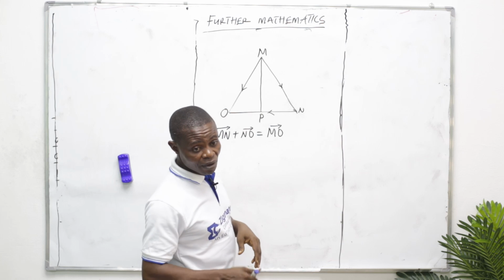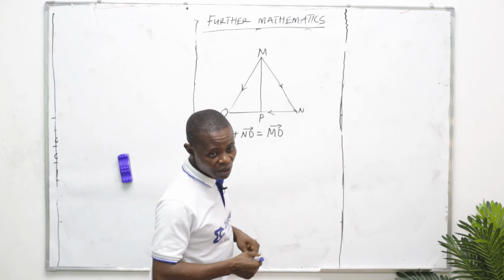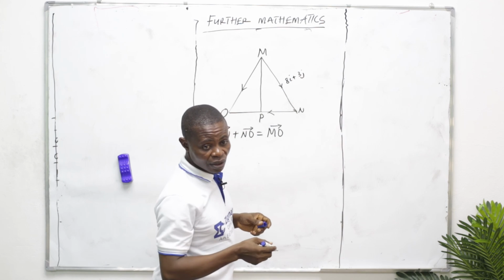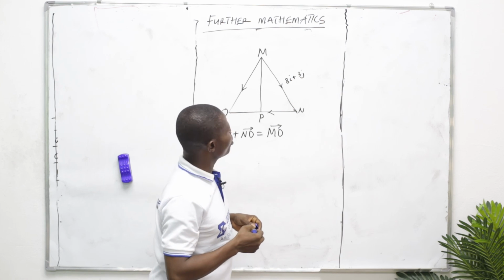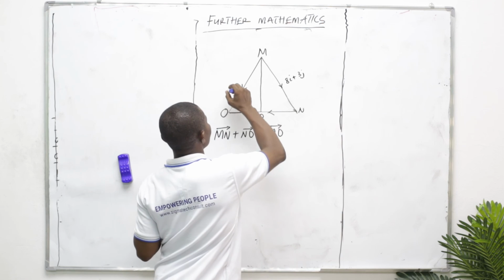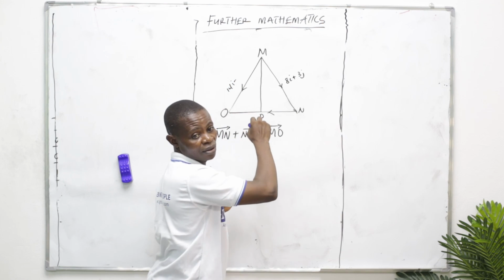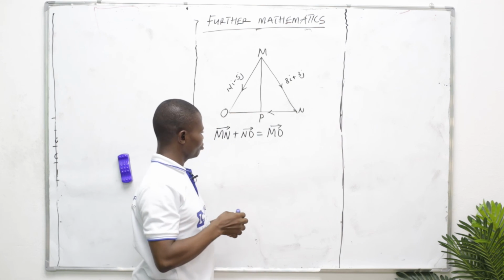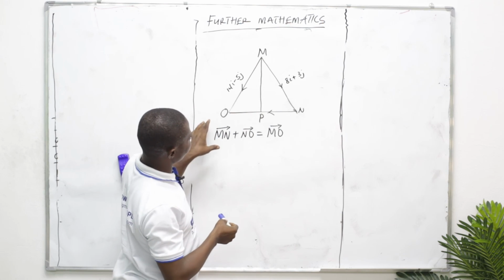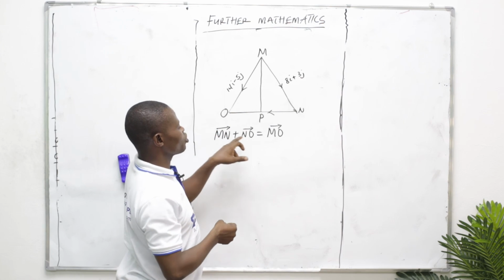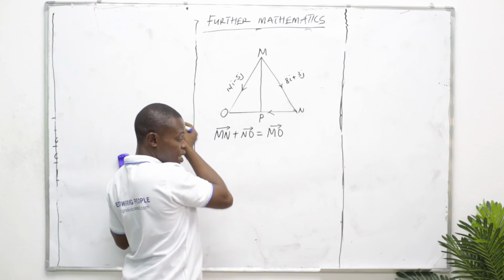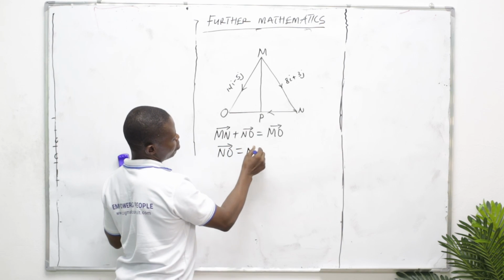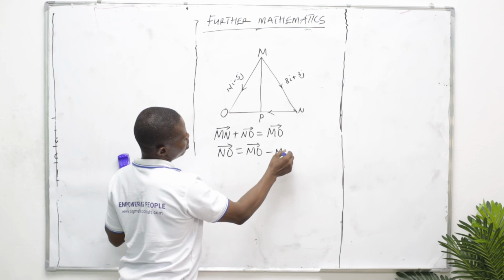For us to get MP, we need to have our MN, which is 8i plus 3j, then MO is 14i minus 5j. If we have MO and MN, it means we can get NO. Now vector NO implies vector MO minus vector MN.